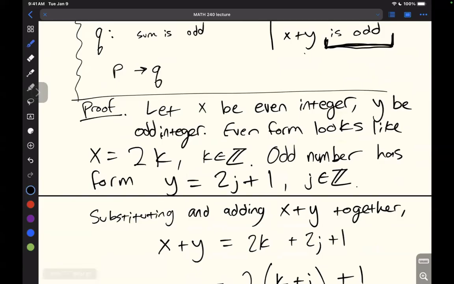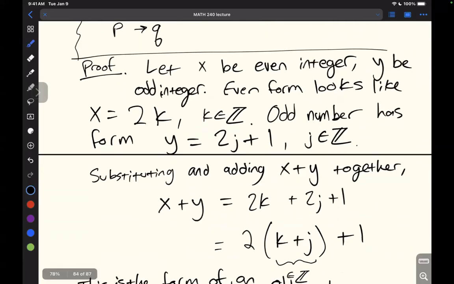We can say, let X be an even integer, Y is an odd integer. That's our hypothesis, that's our assumption. We know an even number looks like X equals 2K, where K is an integer. We know that an odd number looks like Y equals 2J plus 1, where J is an integer.